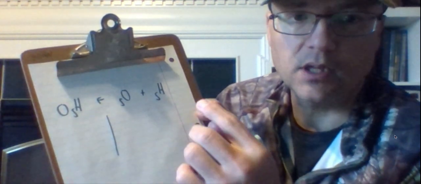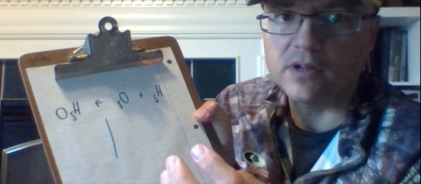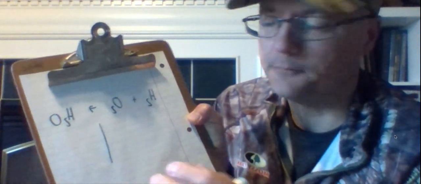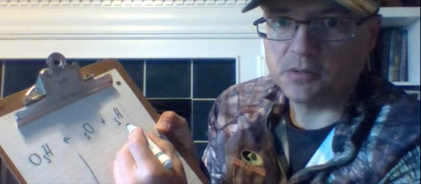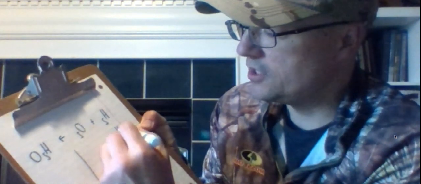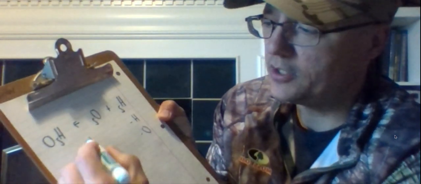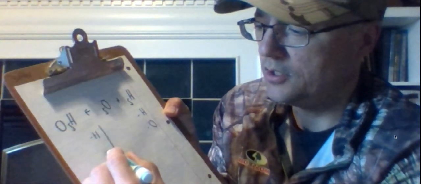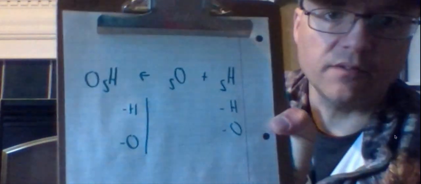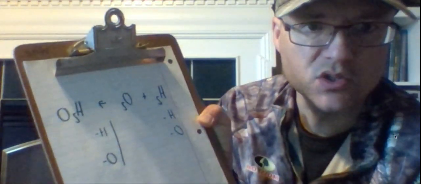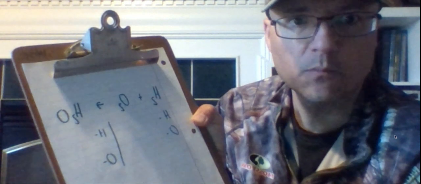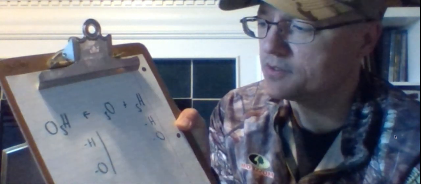If I had an equation with 3 or 4 or 5 elements, the line might be a little bit longer. And then my first element is H, so I'm going to put an H here. The next one is O. Then I'm going to recopy that list over here, H and O. Now we're starting with a fairly simple equation. They will get more complicated, but I like to start with the easy ones.